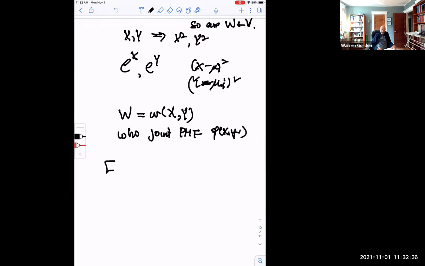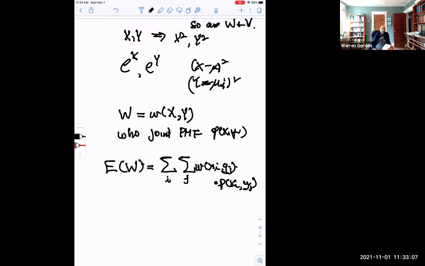We define the expected value of W. Remember, W now is a function of two random variables, x and y. So I'm now extending the definition of expected value, as a sum of W of x sub i, y sub j times P of x sub i, y sub j.